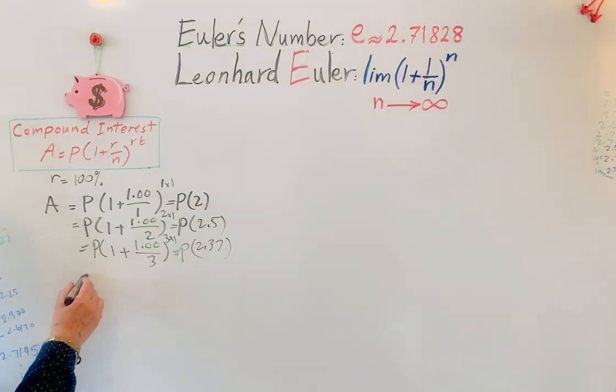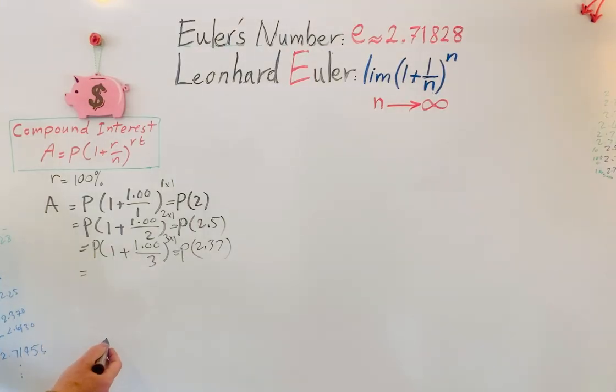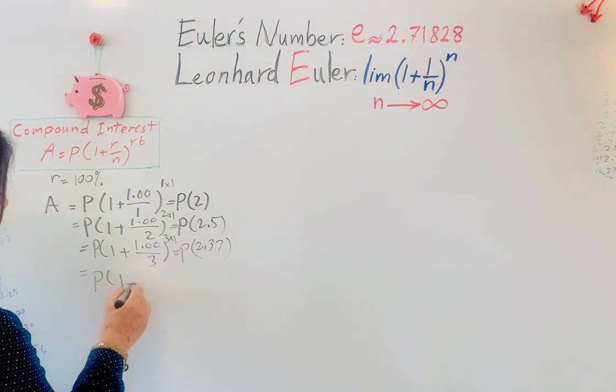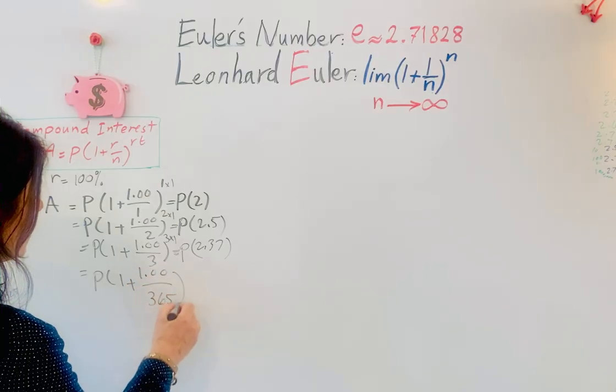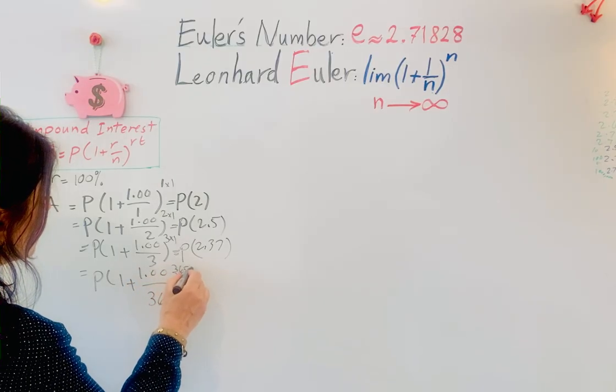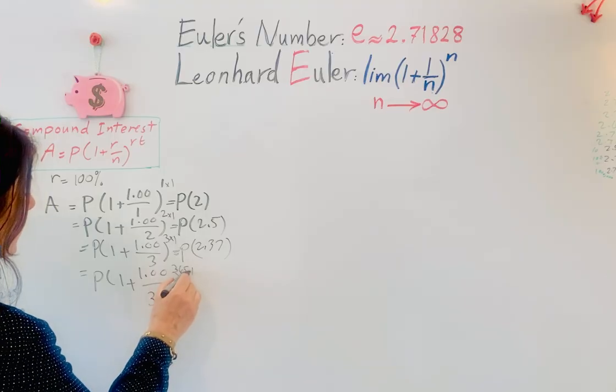Okay, somebody says, why 3 times a year? We can calculate every day, 365. How much is it going to be: 1 plus 1 over 365, raised to 365 times 1? Yes, times 1.